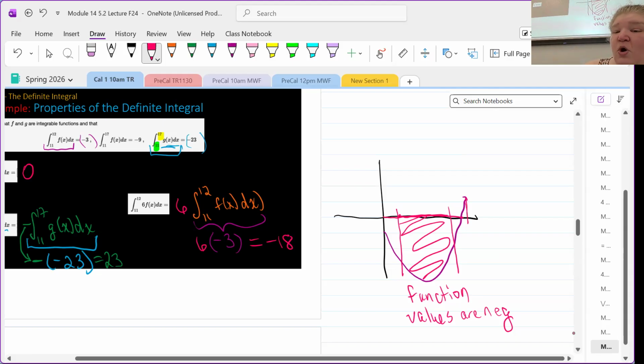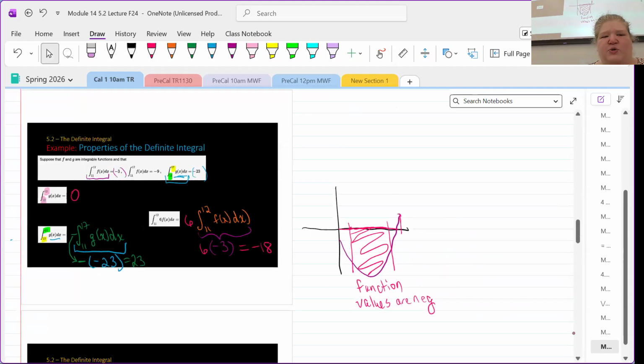So if you truly want to know the actual area instead of just what the total summation is, sometimes you actually need to look at the graph and sort out where is this area going to evaluate as negative and where is the area going to evaluate as positive, and you split them apart and make sure to change the signs appropriately. It just depends on the context of the problem you're doing. Most of the problems were just like, here's how to do an integral, and we don't think too much about this context.